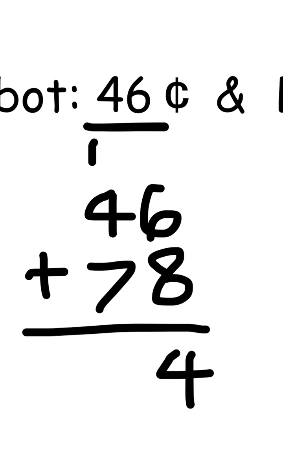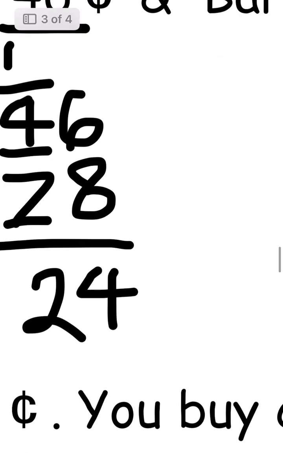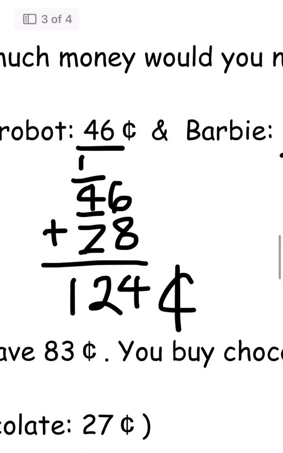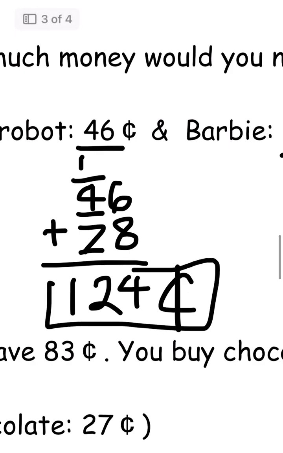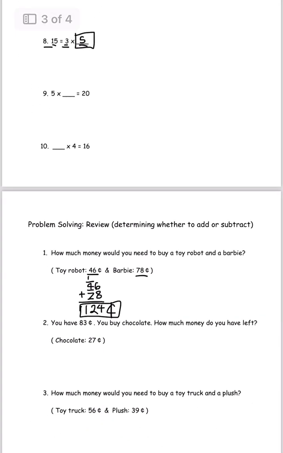And then 4 plus 1 is 5, and 5 plus 7 is 12, right? So it's going to be 124 cents for number 1. So we would need 124 cents in total to buy a toy robot and a Barbie.